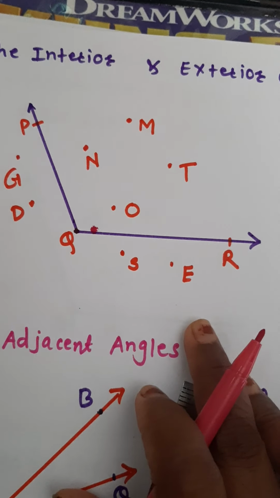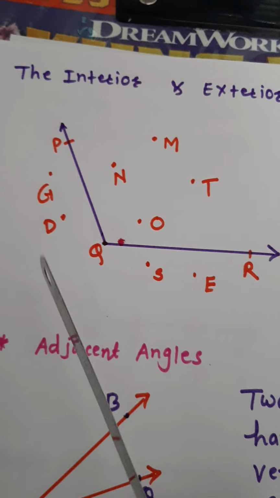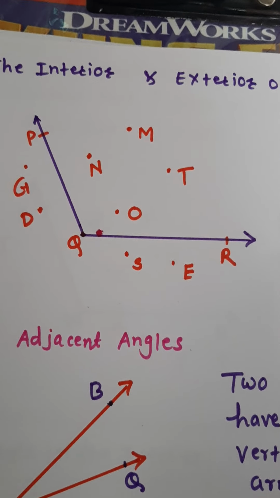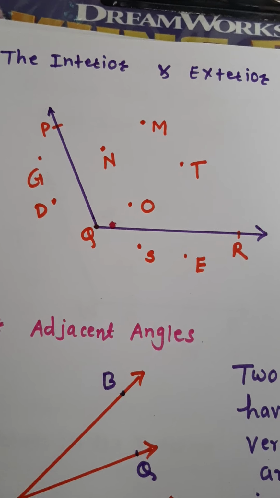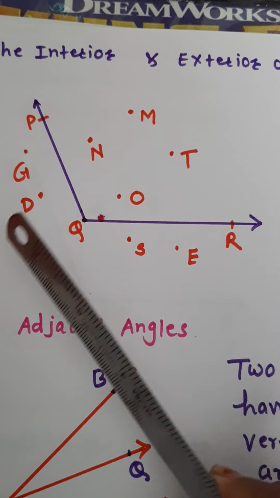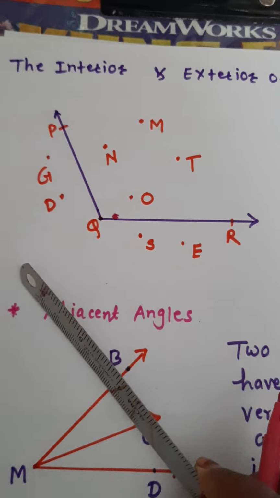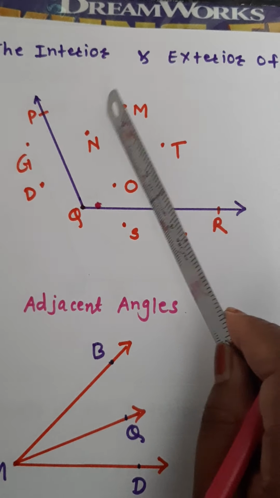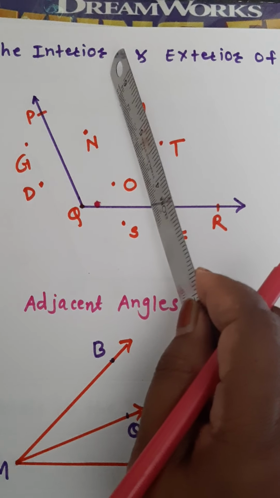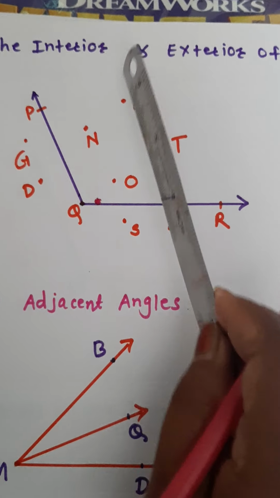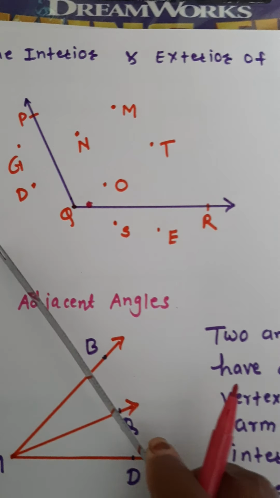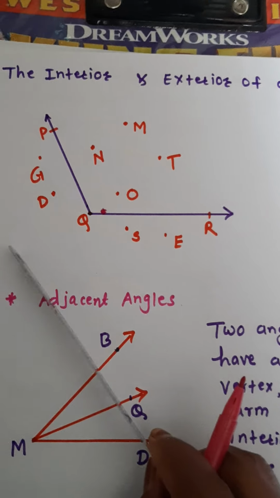Now what is meant by the interior and exterior of an angle? Observe this figure. In this figure angle PQR is there. Interior means inside, exterior means outside. So the meaning of interior and exterior is hidden inside its name only. So it is very simple.